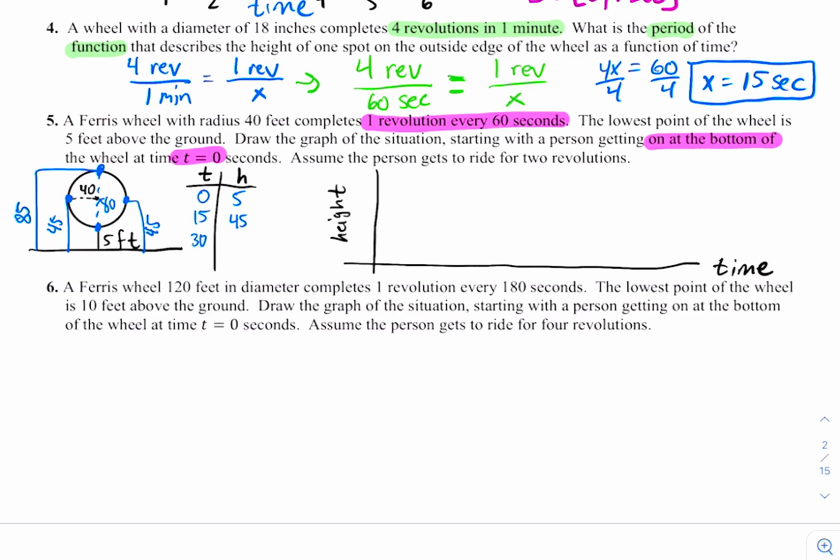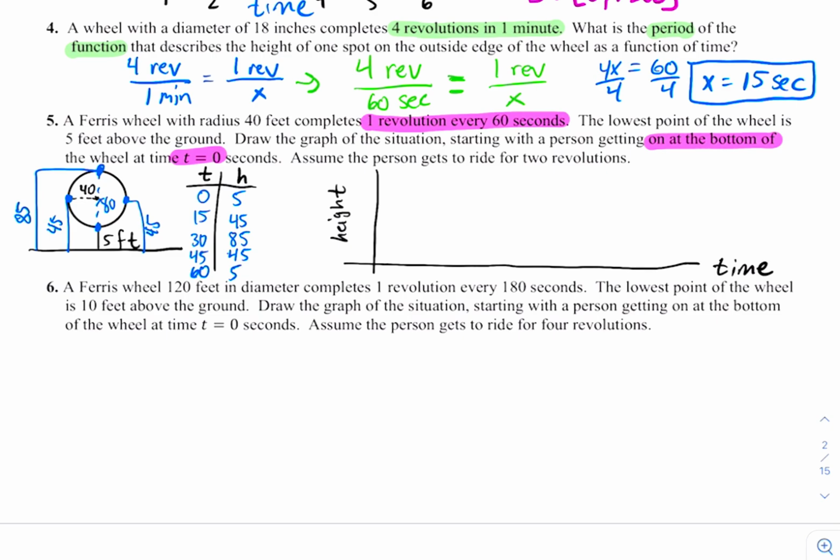At 30 seconds, I'm going to be at the top of my Ferris wheel, so 85. 45 seconds, I'm now here. So again, I've rotated here at 45, so my height will also be 45. And then at 60 seconds, I'm back down at the bottom. Okay. Now, if I think about this, my time is going to continue to increase.